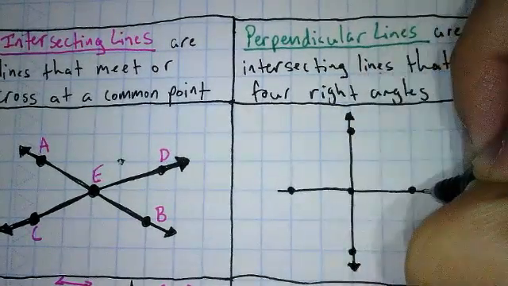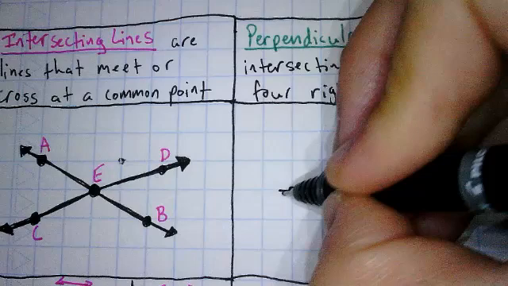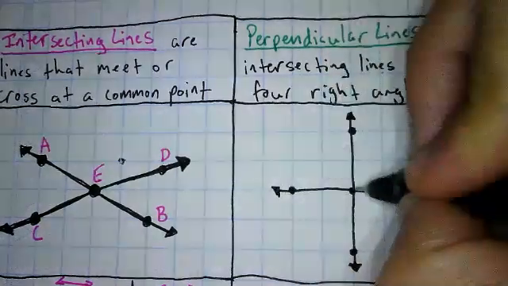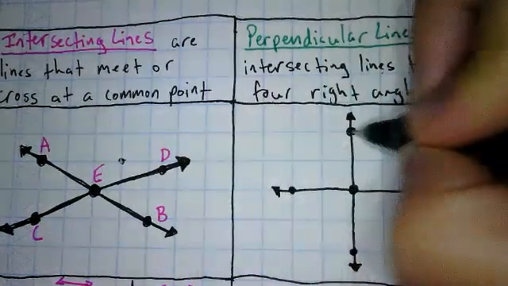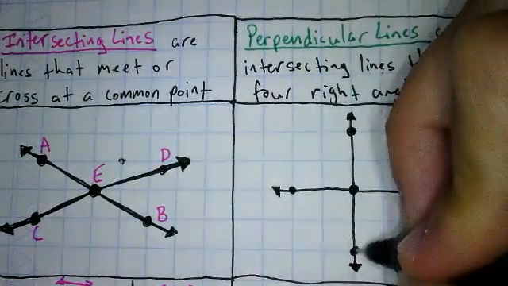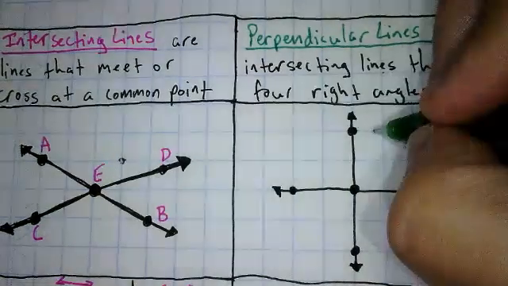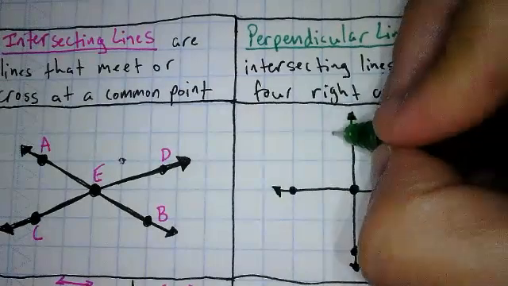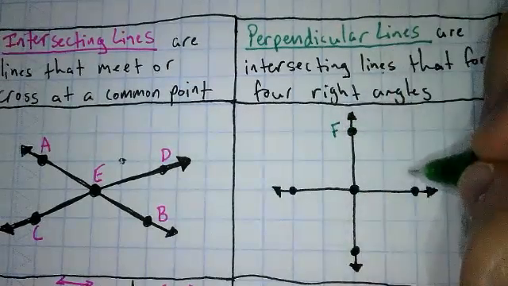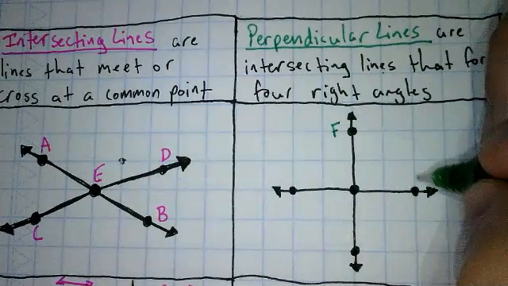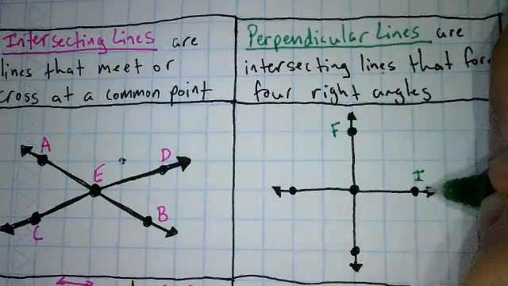So my graph paper can help me keep straight lines here. Mark my points. Usually when you label points, you're going to label them uppercase.